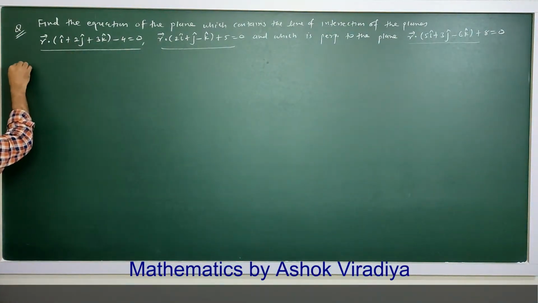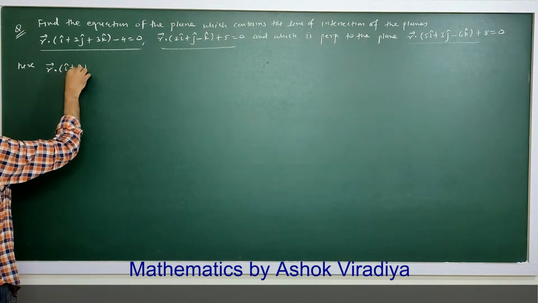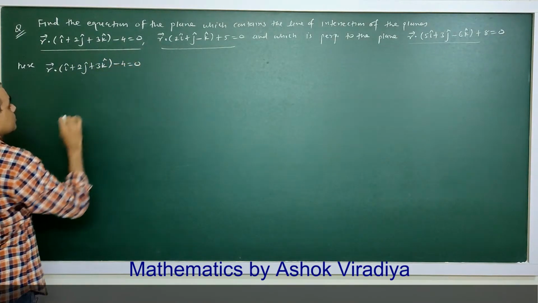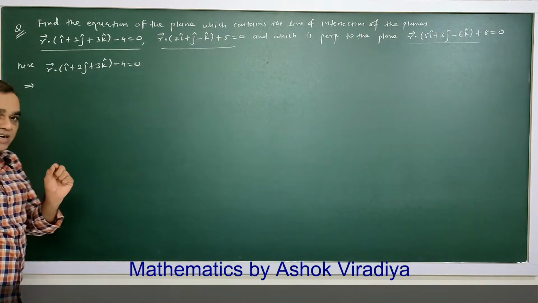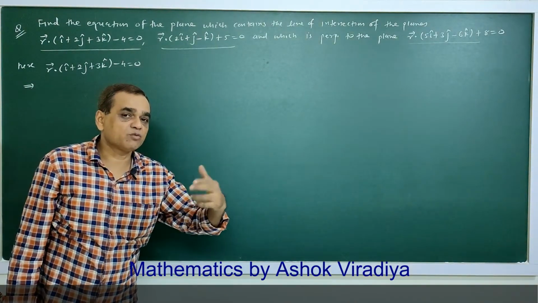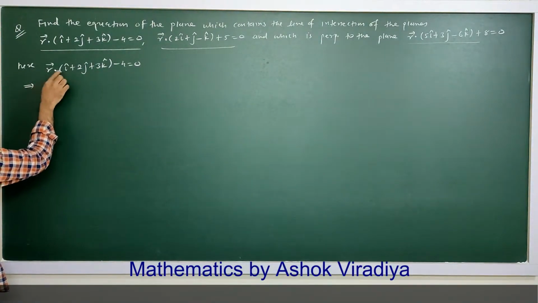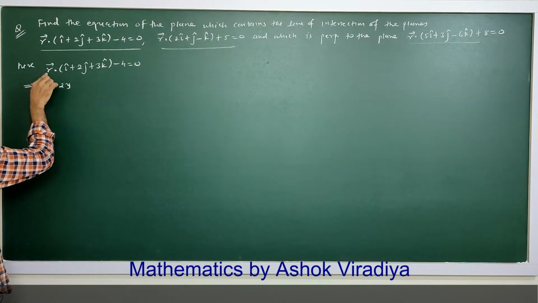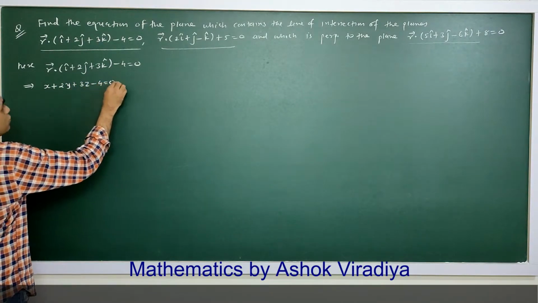Here we are given vector equations of planes. Converting this into Cartesian form, considering vector r is xi plus yj plus zk, this will be x into 1, that is x, plus y into 2, that is 2y, plus z into 3, 3z, minus 4 equal to 0.